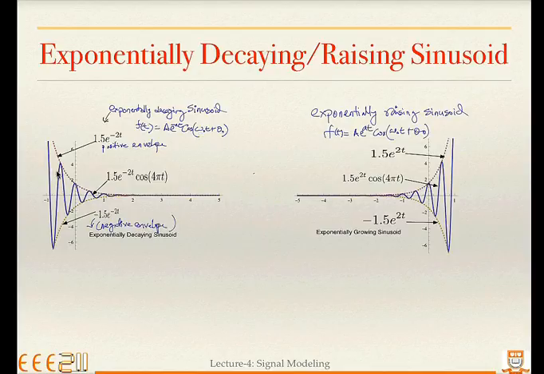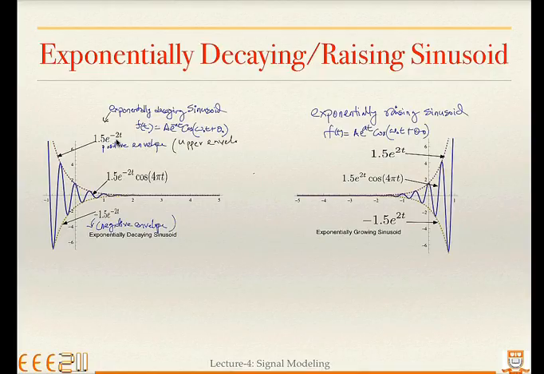As you see here, the signal amplitude decreases with respect to time, and the amplitude of this sinusoidal signal is within two envelopes. One is the upper envelope, or positive envelope, which is 1.5 e to the power minus 2t.